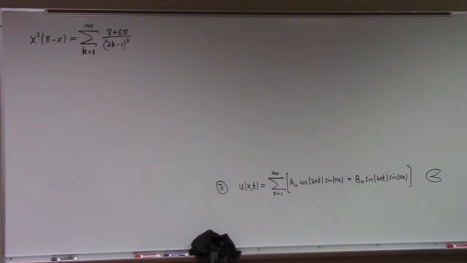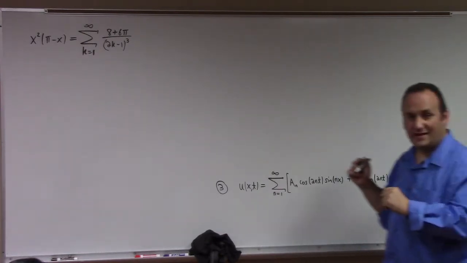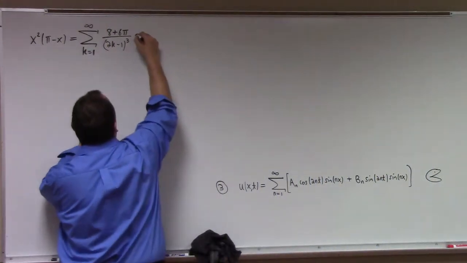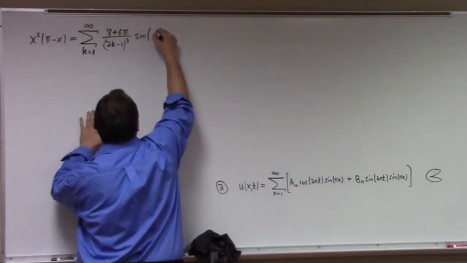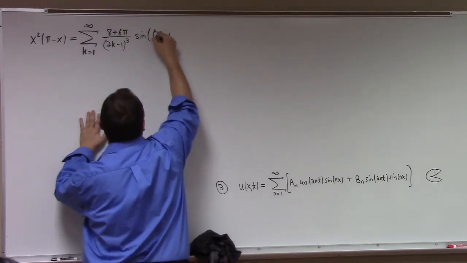So b sub n sine of nx, but what's n here? Since n is 2k minus 1, it's sine of (2k minus 1)x.